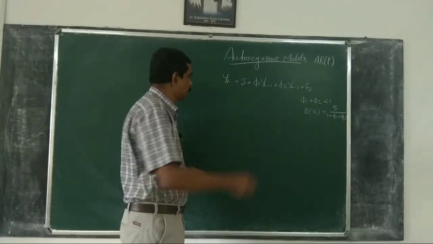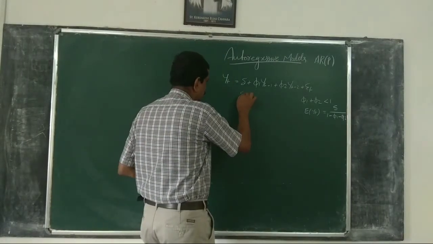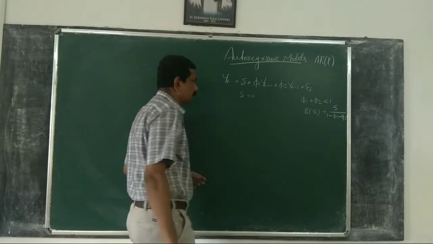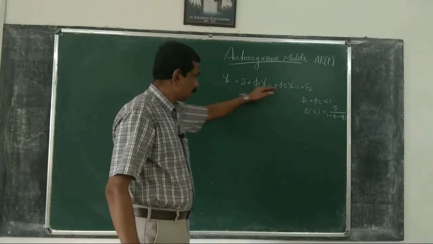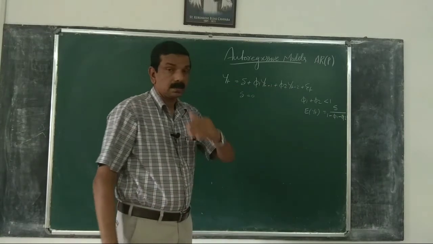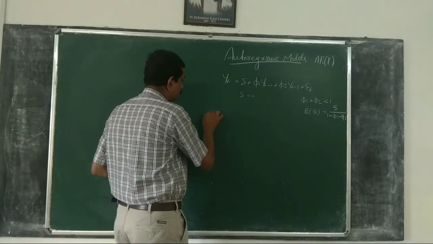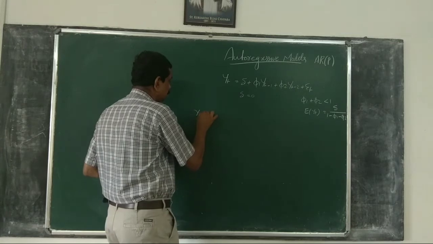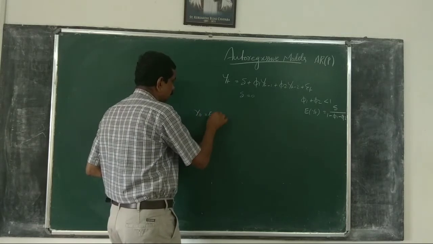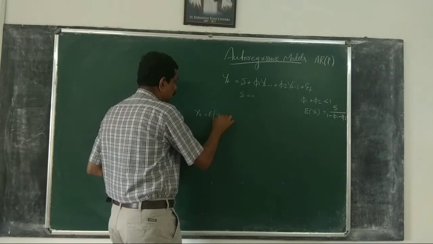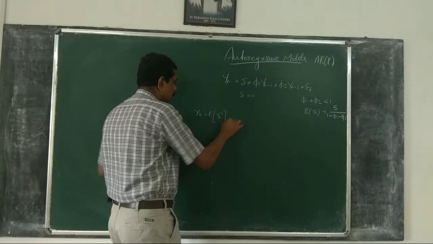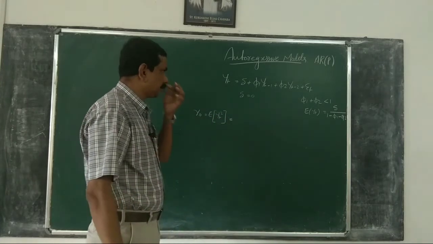Now we let delta equal to 0. That is, we rescale the process as a zero mean process, so that gamma 0 is equal to expected yt square.